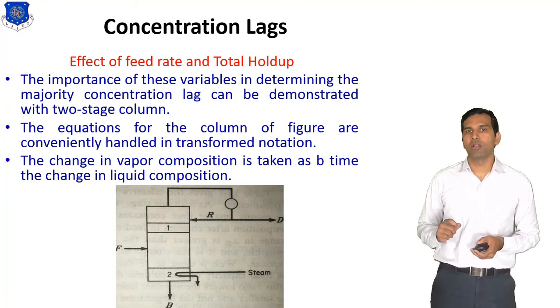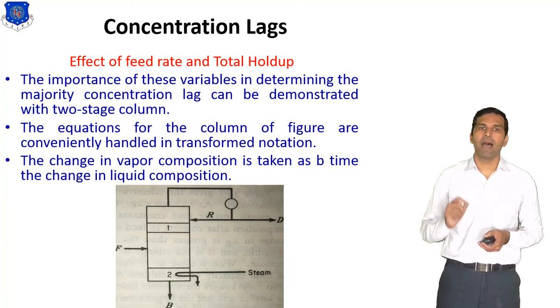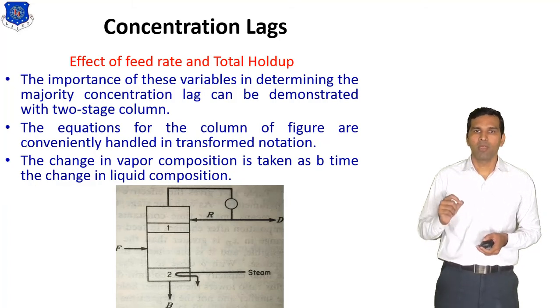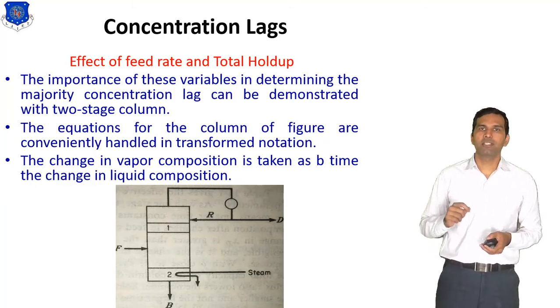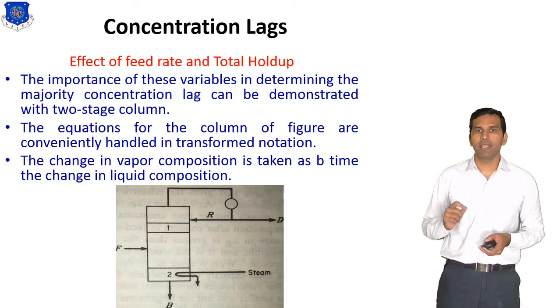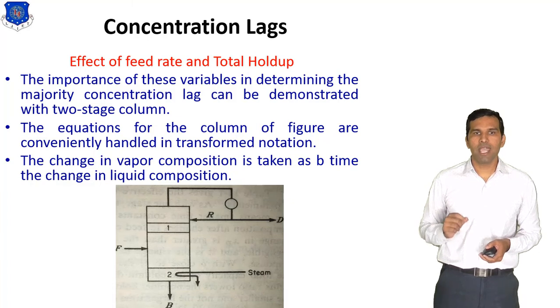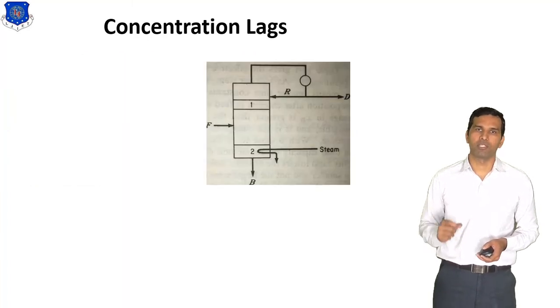The equations for the column of the figure are conveniently handled in transform notation. The change in vapor composition is taken as small v times the change in liquid composition.